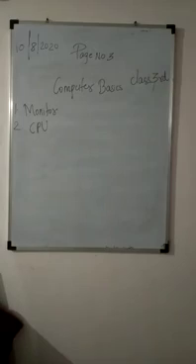Okay, so the CPU is the main part of a computer. If the CPU is not there, the computer will not work. So whatever work we do on a monitor, it saves in the CPU. So the CPU is called the brain of a computer.